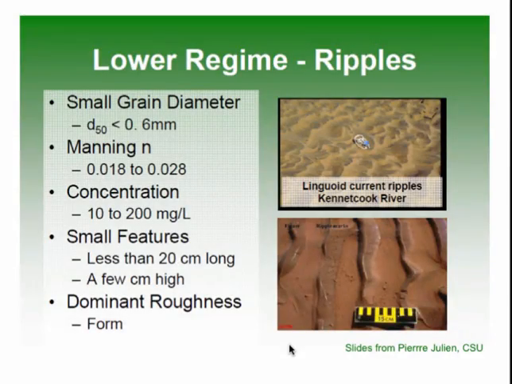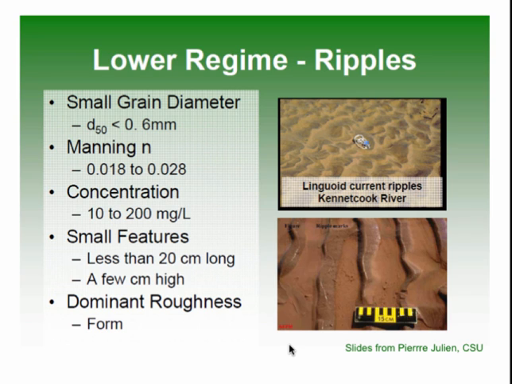In fact, there's a whole series of bed forms that can be established in sandbed streams, which range from low energy, low flow, what's called the lower regime, up to higher flow, higher energy, the upper regime. At the lower end, we begin with ripples.